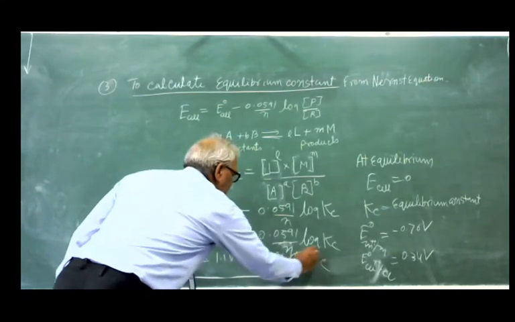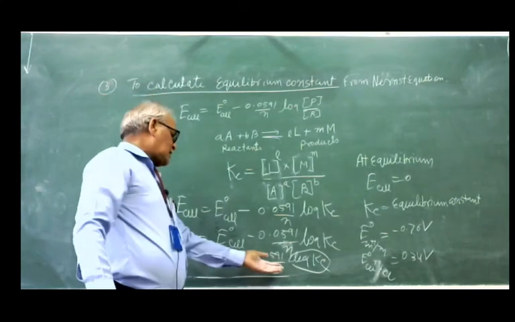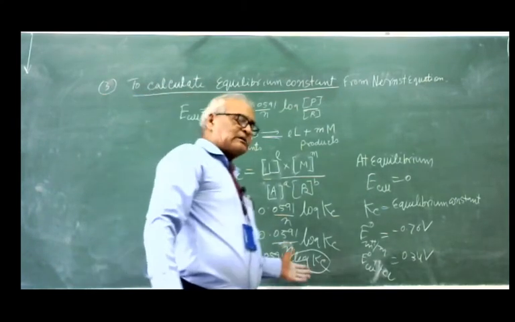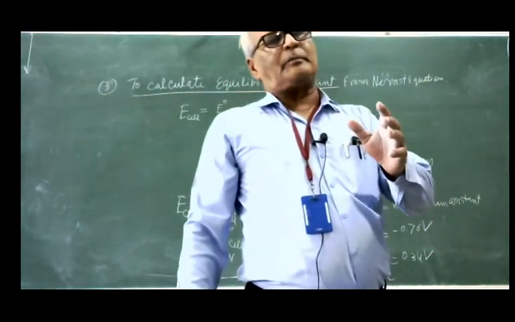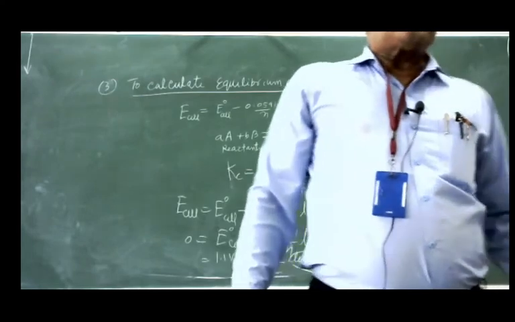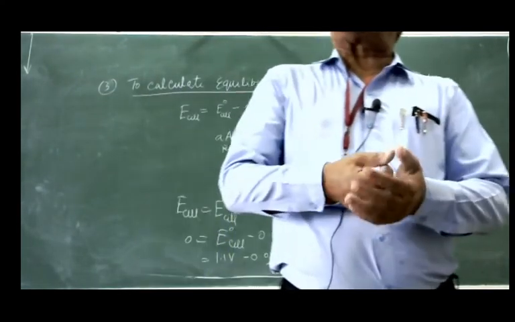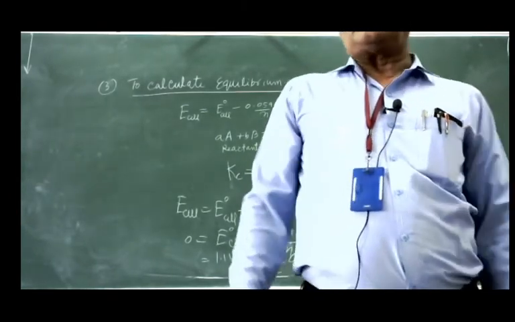So log Kc can be calculated, and if we get log Kc, the anti-log will give you the value of Kc.